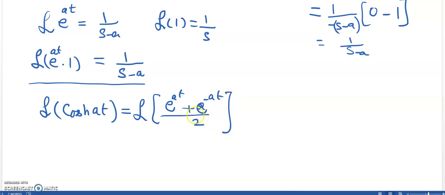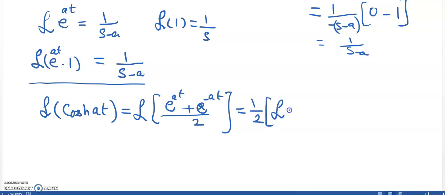And we can very easily see that the Laplace transform follows the subtraction and addition rule, which means we can take this 1 by 2 out, and then we can represent it like this.